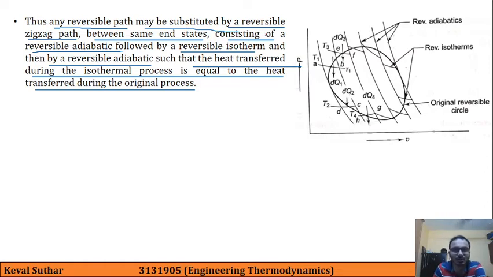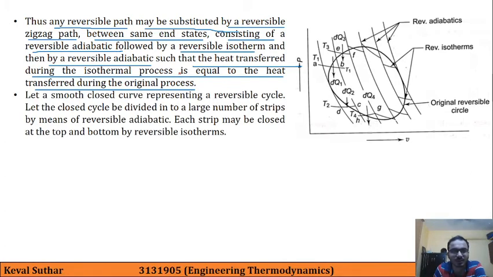They are consisting of a reversible adiabatic followed by a reversible isotherm and then again by a reversible adiabatic, such that the heat transfer during the isothermal process is equal to the heat transfer during the original process. Now here, this is our original reversible cycle. So if I need to show you which we are talking about, is this.